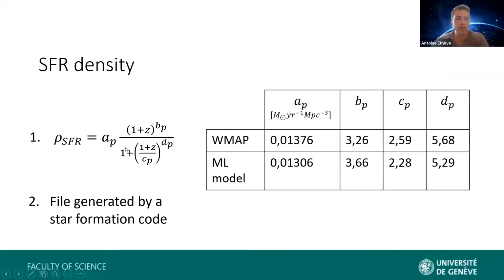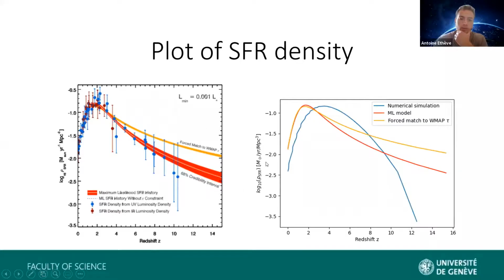To make sure that we have the correct expression for this density, we compare a plot of the density against redshift to what Robertson published in his paper, here on the left side. On the right-hand side is our reproduction. The curves we want to reproduce are the white and orange curves, and they correspond to the red and orange curves on the right-hand side.